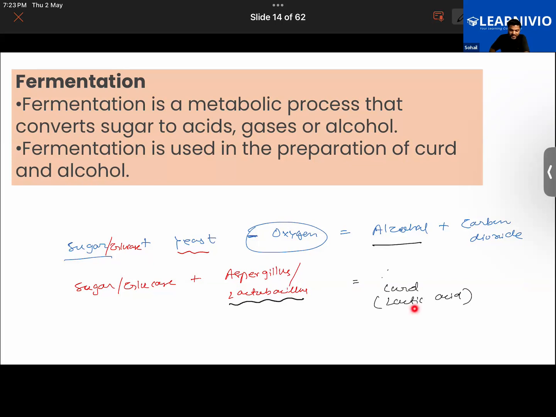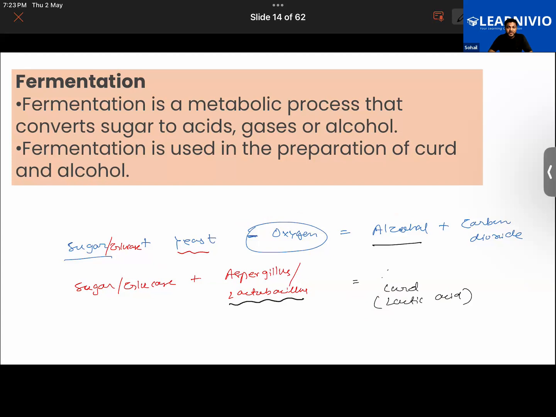So thereby I'm getting an acid here, right? Are you guys getting it? Yes, sir. Okay, now. So we say that fermentation is an anaerobic process. It takes place in the absence of oxygen, in which we convert sugar or glucose into alcohol and carbon dioxide, or we can also obtain products like curd or acids. Curd basically consists of lactic acid.